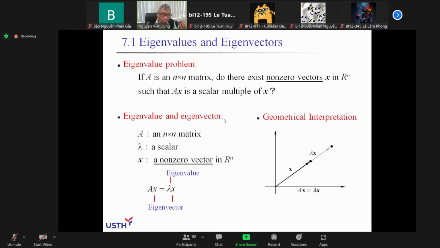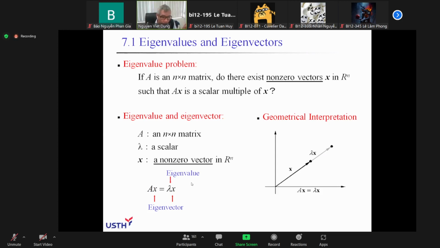Or you can formulate it in a mathematical formula like that. A is a square matrix of order n. Lambda is a number. x is a non-zero vector in Rn.